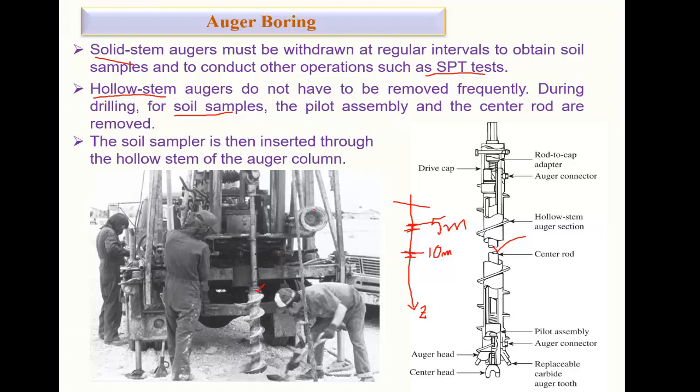So this way you can take the sample easily. The soil sampler is then inserted through the hollow stem of the auger column. So if you remove it and just insert the soil sampler here, you will get the sample here. Is that clear to all now? Yes, sir.